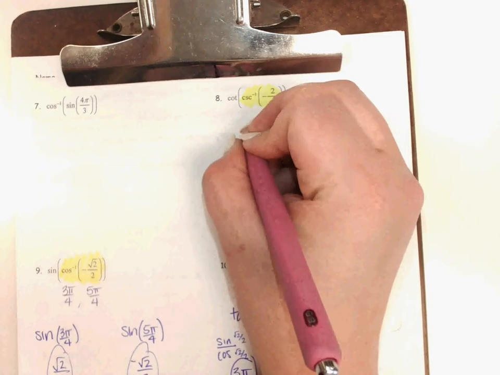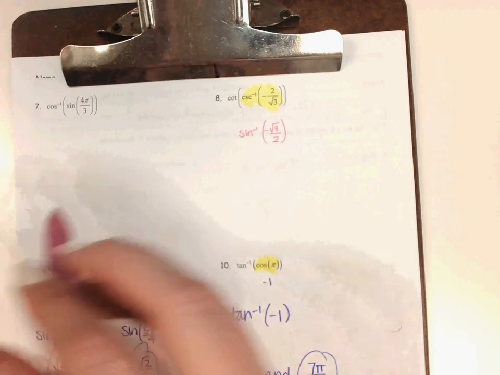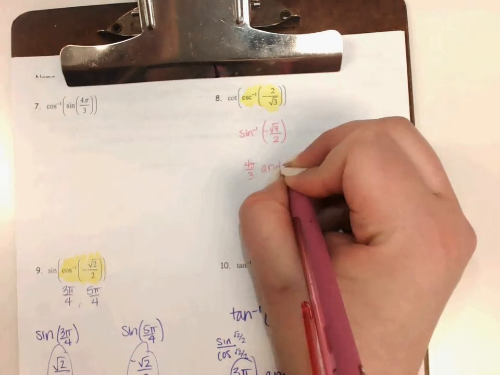Sine. So on my circle, I want to find when sine is negative root 3 over 2. That's a y value. Look on your unit circle for a y value of negative root 3 over 2. Where does that happen? 4 pi thirds. Okay, 4 pi thirds and 5 pi thirds.